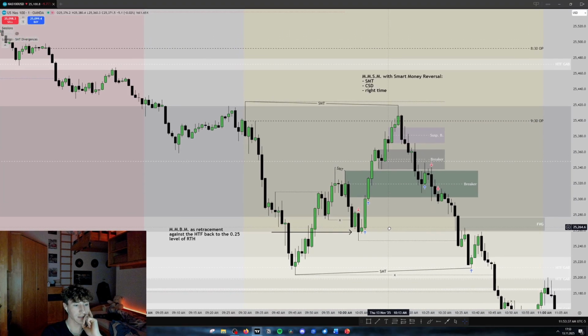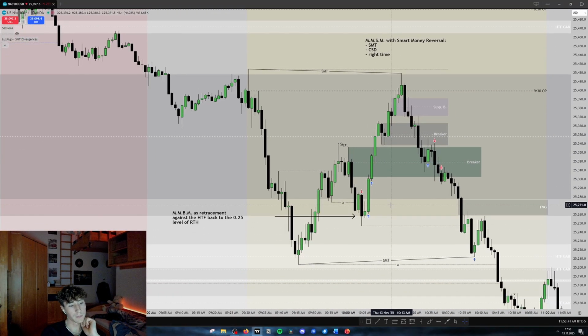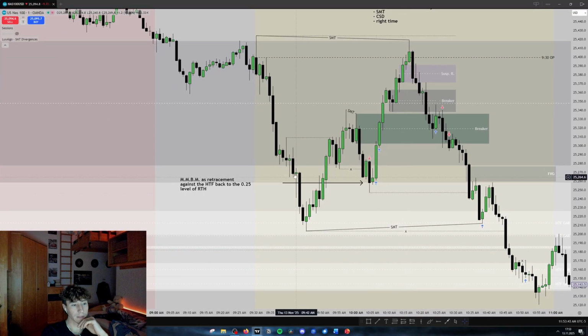But in that case, I don't think that was the best approach, because we just traded back to the high time frame gap, which was untouched until then. So we can expect really big support coming in here.